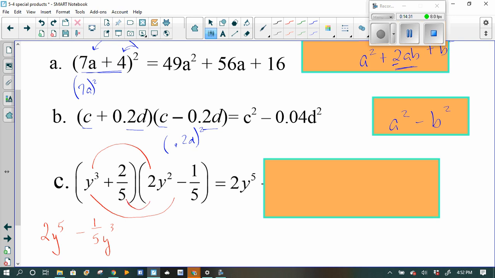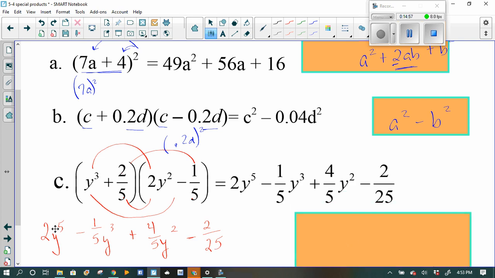The inside pieces, plus 2 times 2, so this is going to be plus 4/5 y squared. And then my last terms, minus, because a positive times a negative is a negative. 2 times 1 is 2, 5 times 5 is 25. So that would be our final answer.